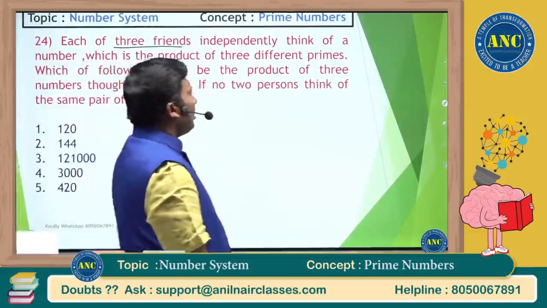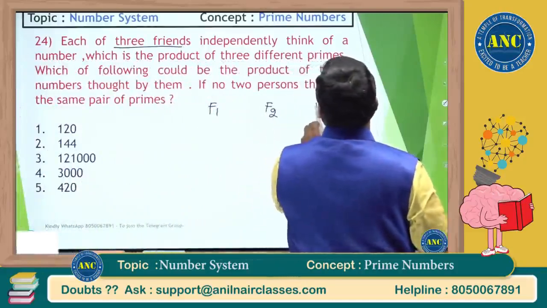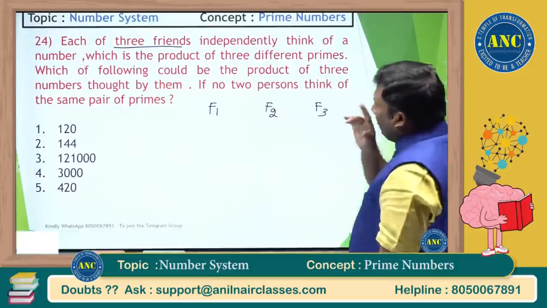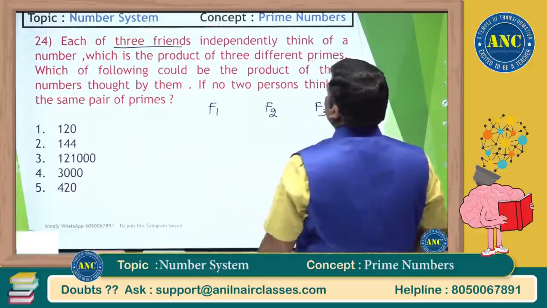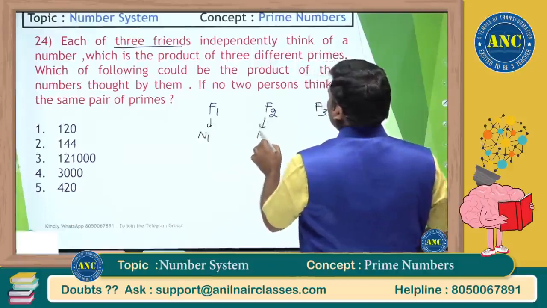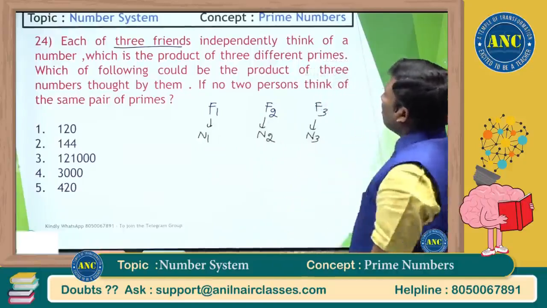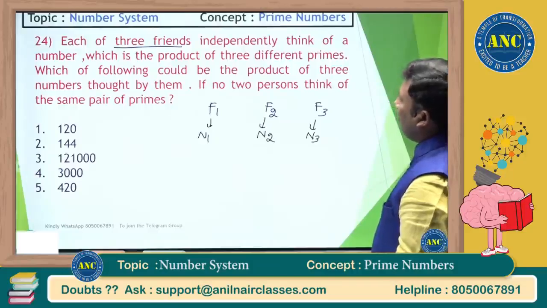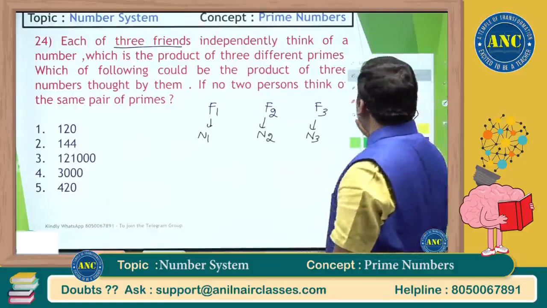The question is: there are 3 friends, F1, F2 and F3. Each of the 3 friends independently thinks of a number which is the product of 3 different primes.